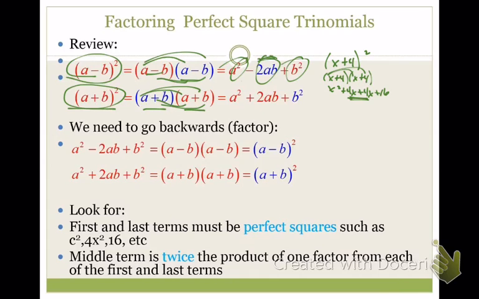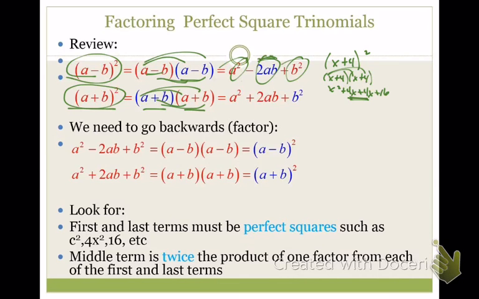But if you remember, those two middle terms were always the same. Because x plus 4 times x plus 4, the outs and the ends were always the same. That's the difference between this situation and the difference of squares that we just saw. There was no middle term in the difference of squares because the outs and the ends always added to 0.